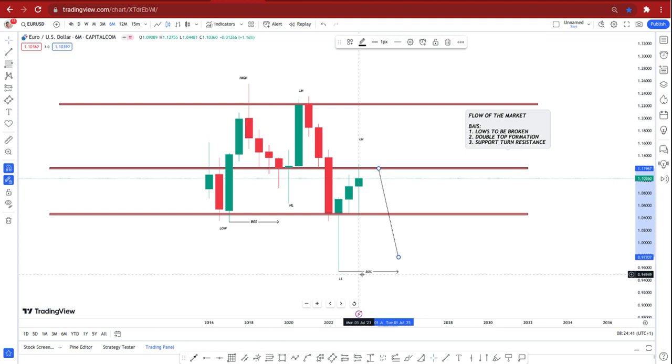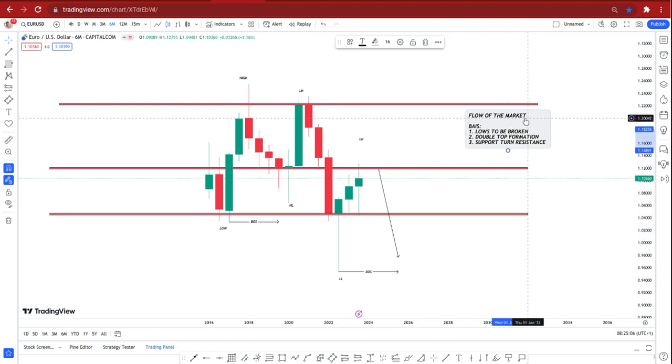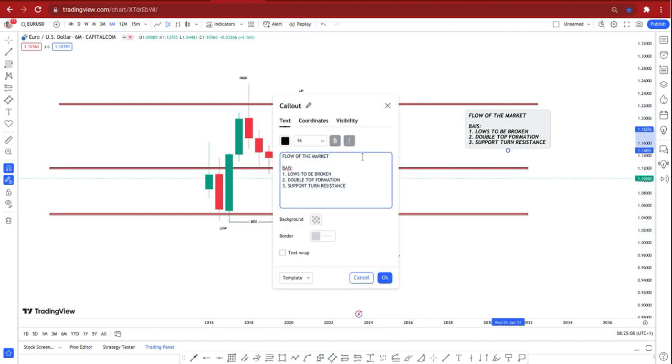Okay, so from here now, which is the flow of the market, I've been able to use these three buyers to determine the flow of the market, which has enabled me to realize that the flow of the market here on Euro USD is bearish.